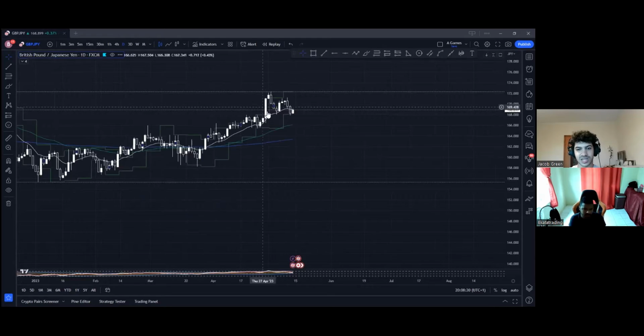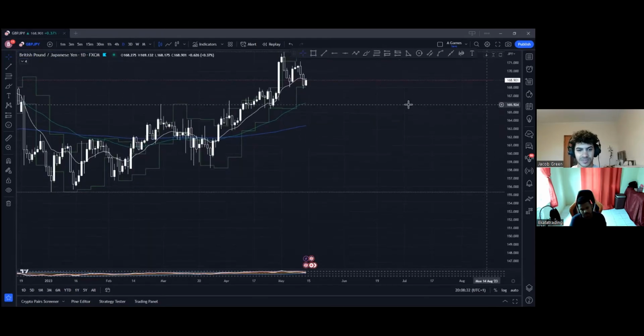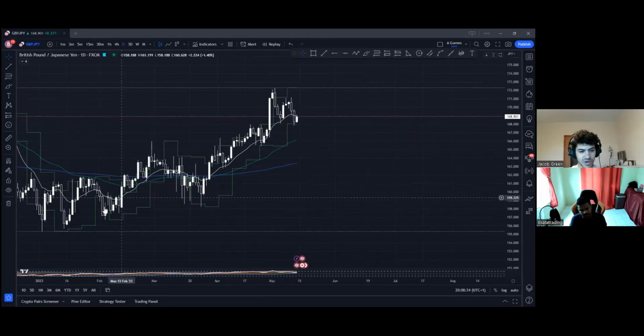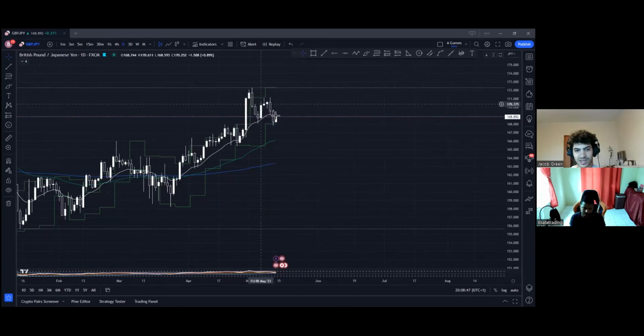I'd go down to the daily, and I'd see we've got one nice push here on the daily, another nice push. So again, I like this for bullish momentum. So I wouldn't be thinking anything else currently. I know we've got a few days of down here, but that's against the momentum.